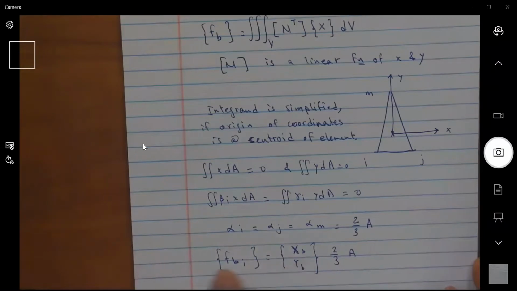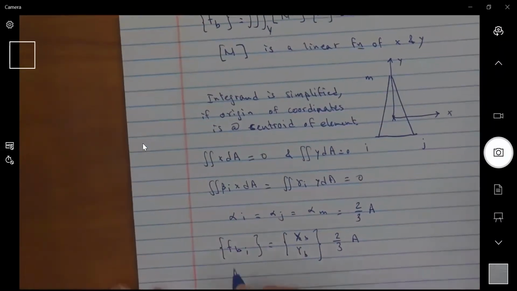So likewise, we can expand to the J and M, and we can write FB, the equivalent nodal forces for these body forces, which is going to be a 6x1.